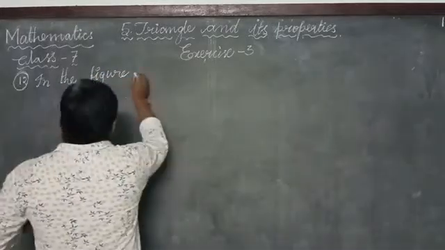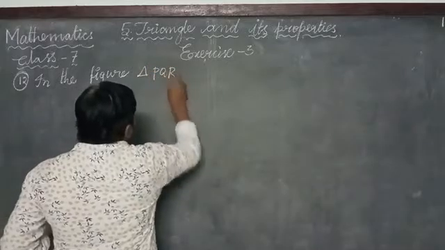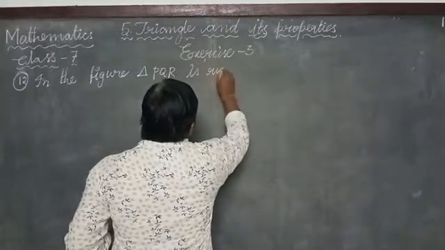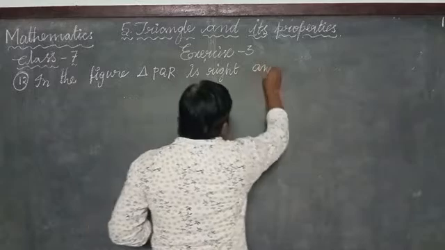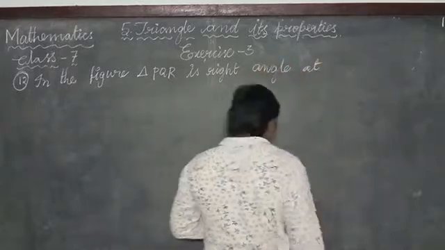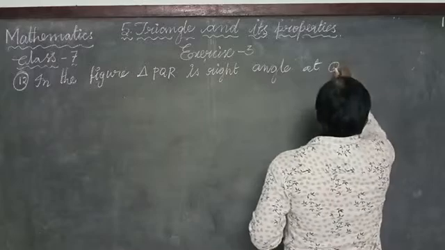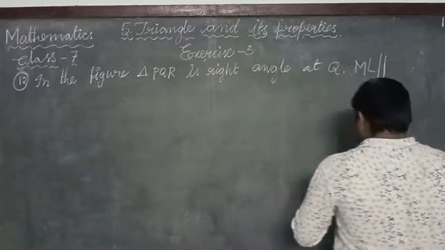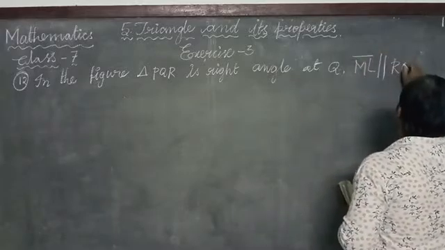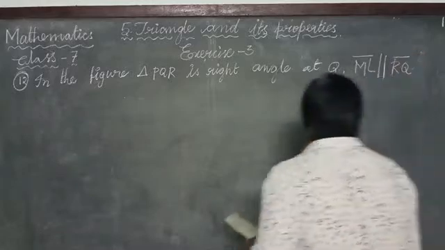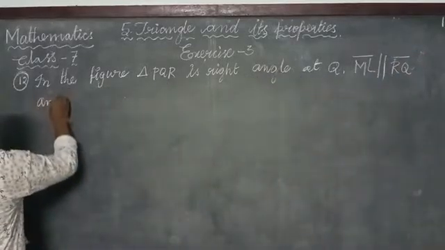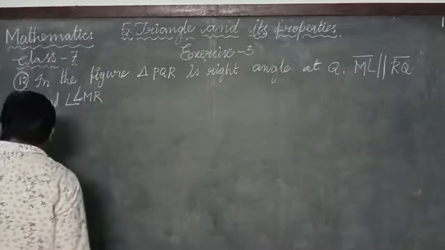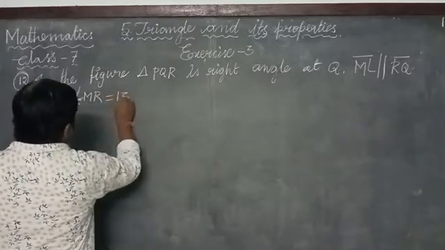The figure triangle PQR is right angled at Q, and ML is parallel to RQ, and angle LMR equals 130 degrees.